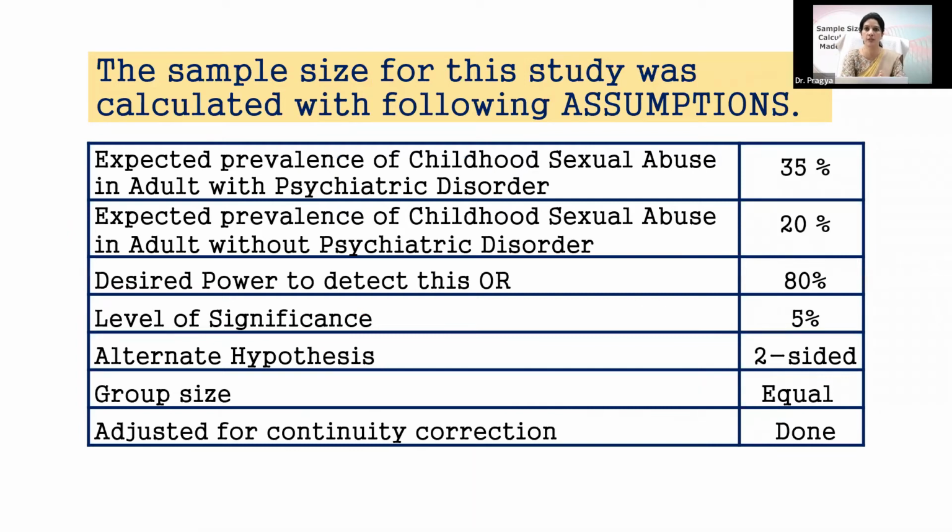All of you are requested to do this and then type in the chat box how much sample size you got. The expected prevalence of childhood sexual abuse in people with psychiatric disorder is 35%, and the expected prevalence of childhood sexual abuse in adults without psychiatric disorder is 20%. Those of you who have got two systems can do this. Desired power is 80% and level of significance is 5%. Group sizes are equal, and it is adjusted for continuity correction.